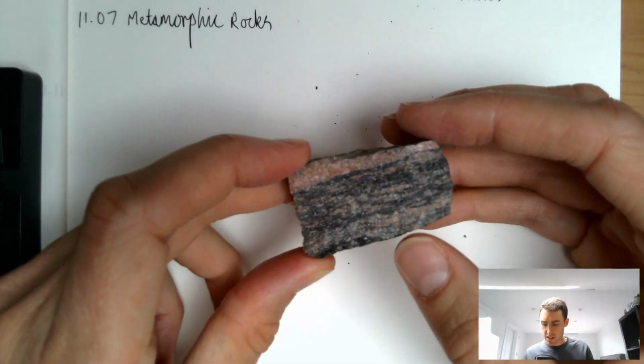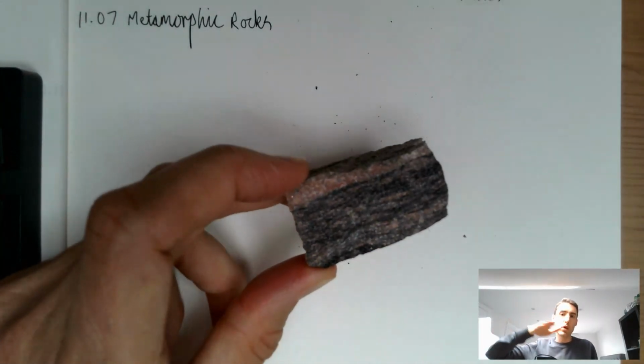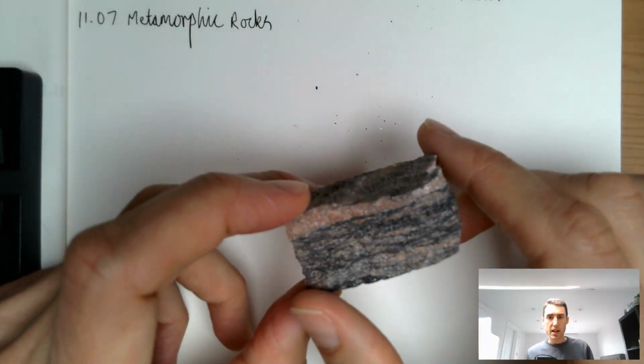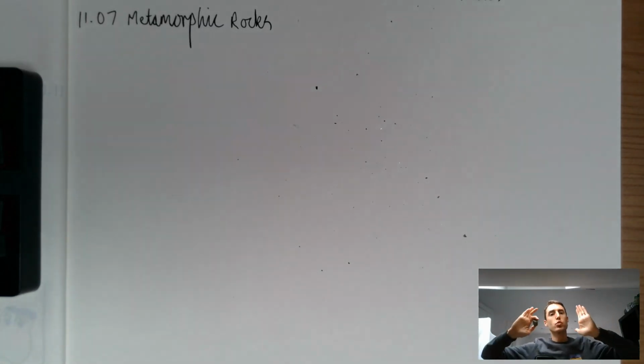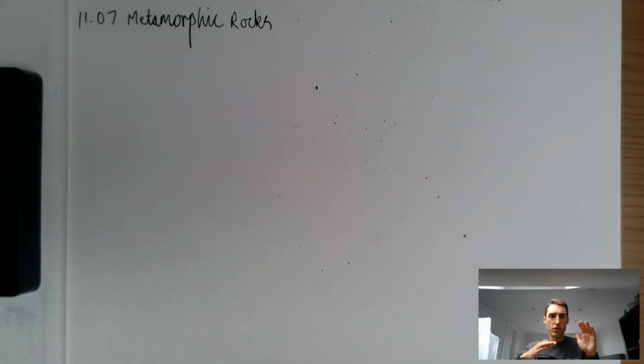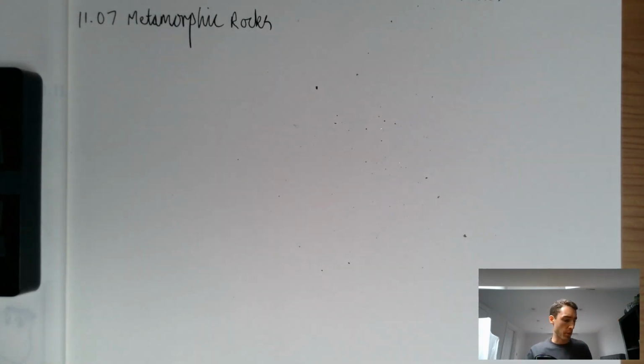But they're not neat layers like in slate. They're slightly wavy bands. And this is, again, due to that intense heat and pressure, and especially that pressure squashing igneous rocks together and pushing the crystals into layers, and then folding them slightly to make them a bit wavy.